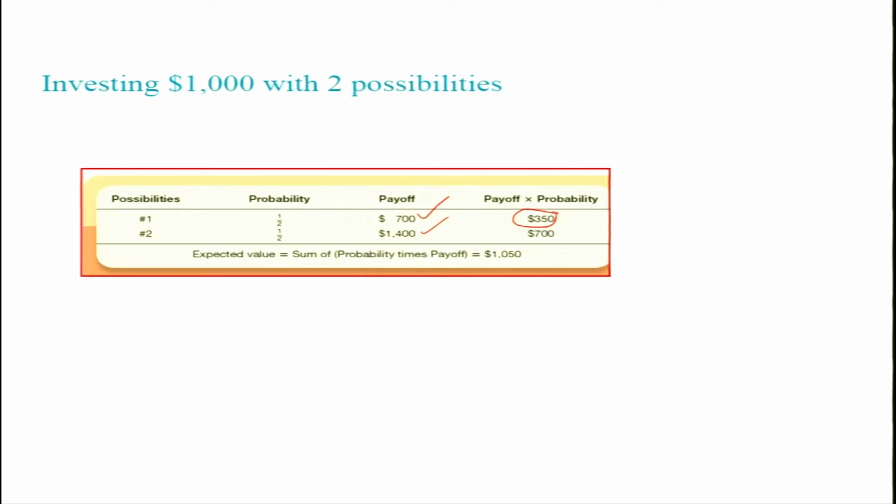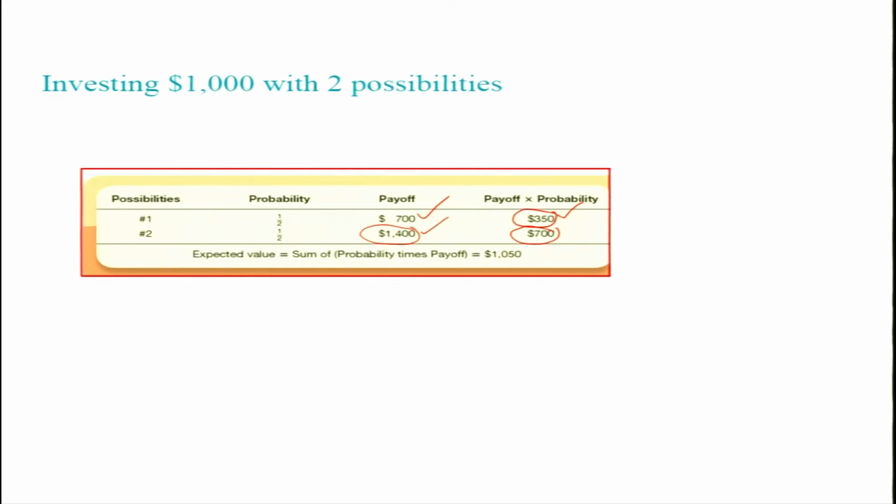So, the payoff that you are going to get is 700, and the payoff times probability is 0.5 times 700, that is $350. That is possibility 1. In possibility number 2, when the stock price increases, the payoff is 1400 and the probability of getting that is 0.5, so the payoff times probability is 700.